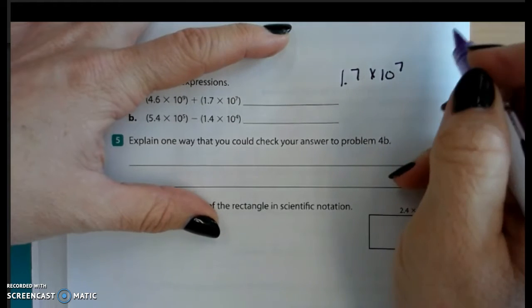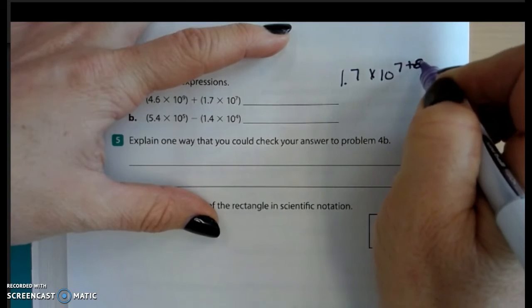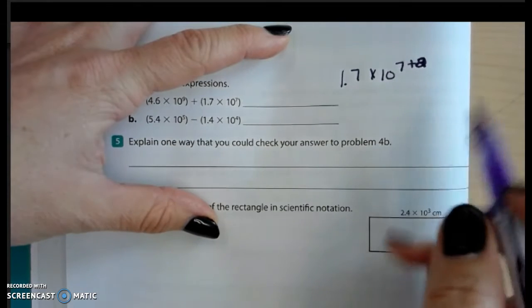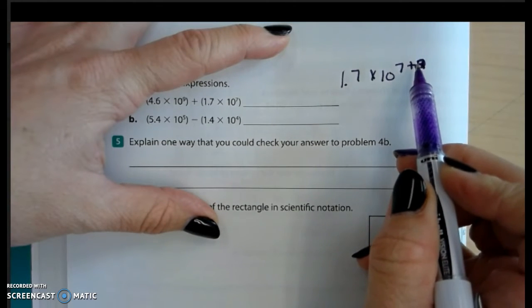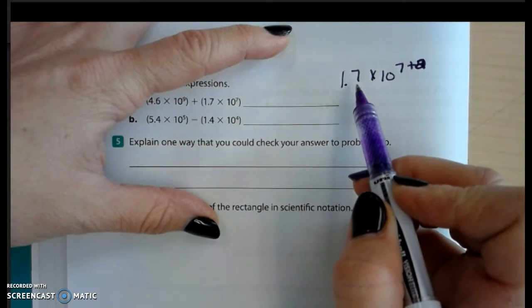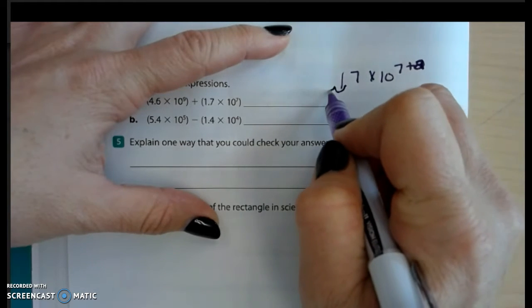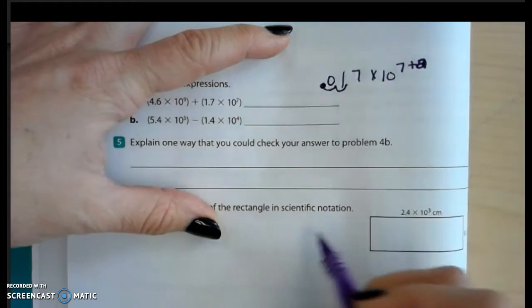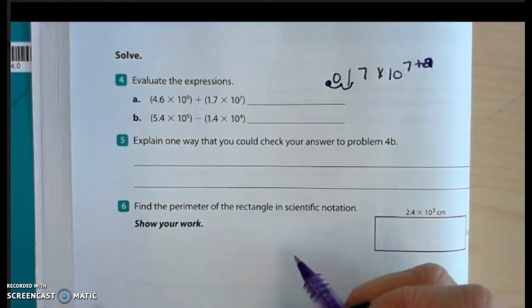I want to increase from 7 to 9, which is plus 2 in my exponent. Now if I'm increasing 2 place values on my exponent, I'm going to decrease 2 place values on my constant. So that gives me 0.017 times 10 to the 9.